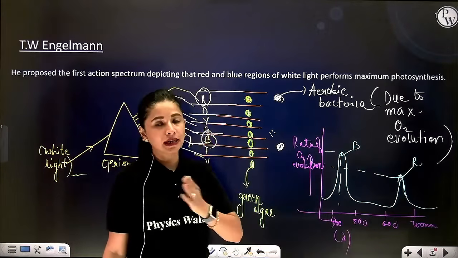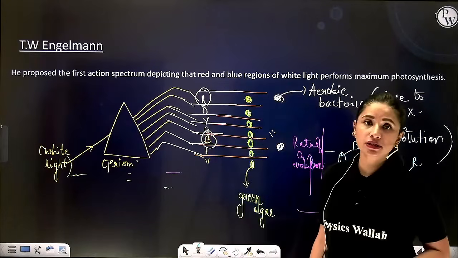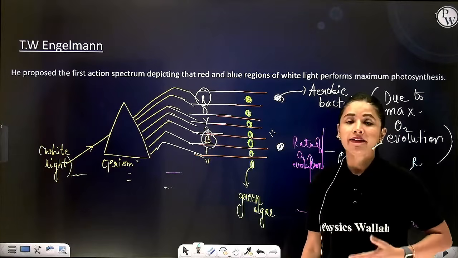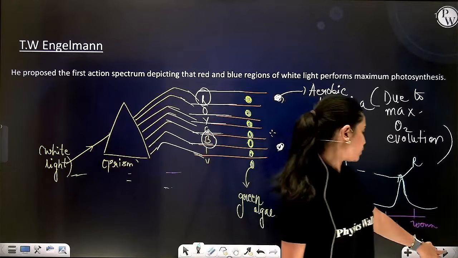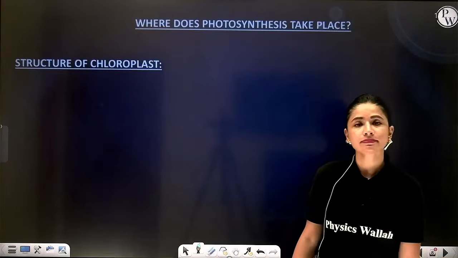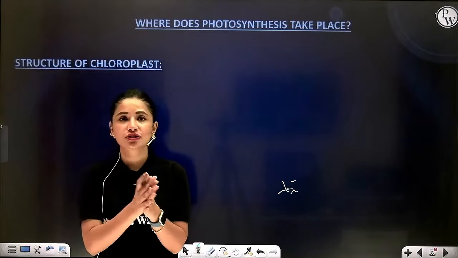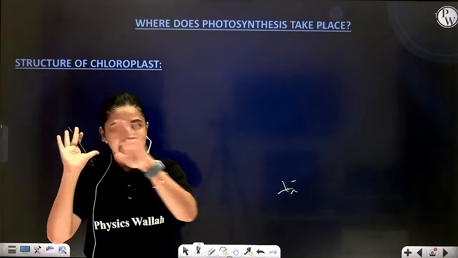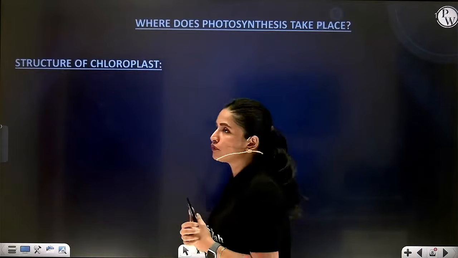Clear? So T.W. Engelmann was the scientist who explained the first action spectrum, who explained that which component of white light are favorable for photosynthesis. Correct? Okay. So with this, I hope history is clear to everyone. All the experiments which I have told you so far.